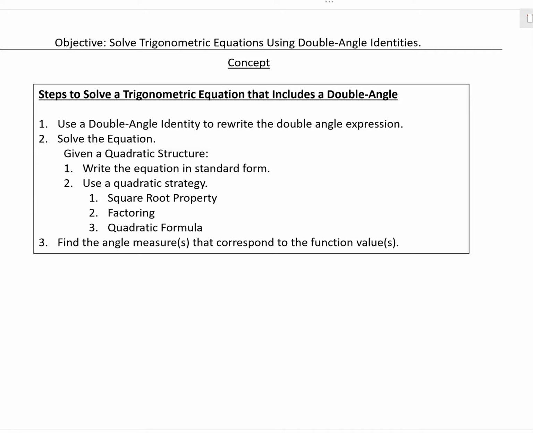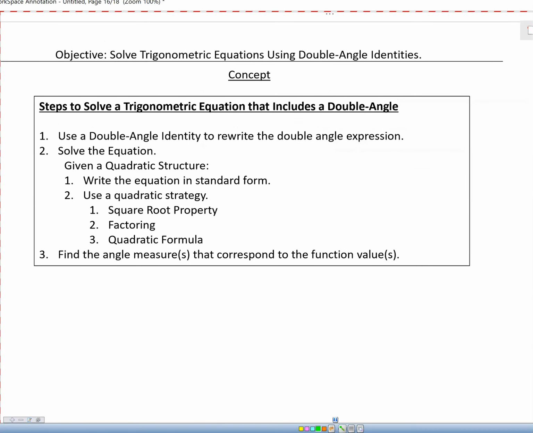So this is one of the big things about these particular problems. So stay with me here. These problems are probably one of the most often missed in this particular unit. When we're looking at solving an equation that includes a double angle, the very first thing we're always going to have to do is use an identity to replace that double angle with something that doesn't have a 2x in it.